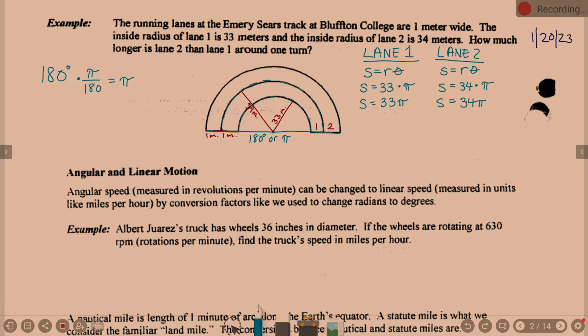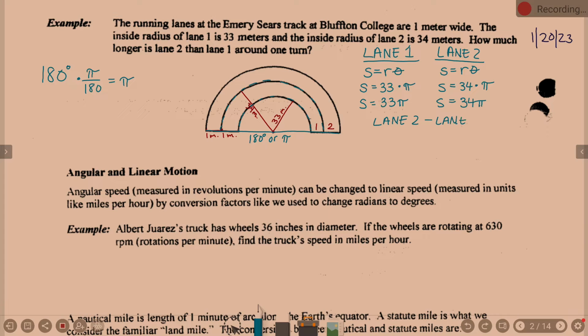Okay? Now, what are we actually trying to find? How much longer is lane 2 than lane 1 around this turn? So what are we going to do? Subtract. Yeah, we're going to subtract them. We're going to take lane 2, which is the longer one, right?